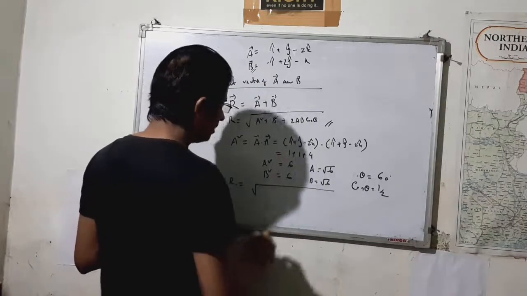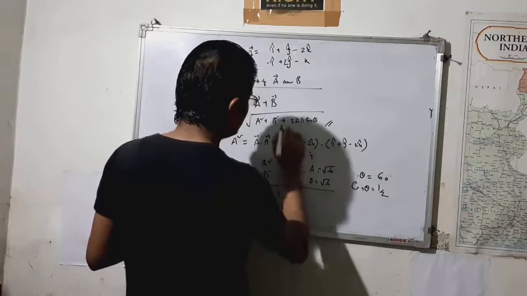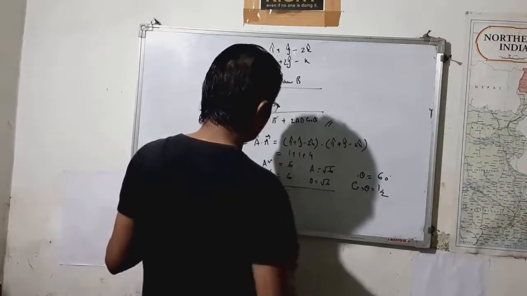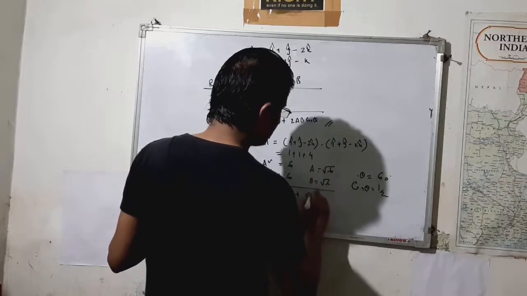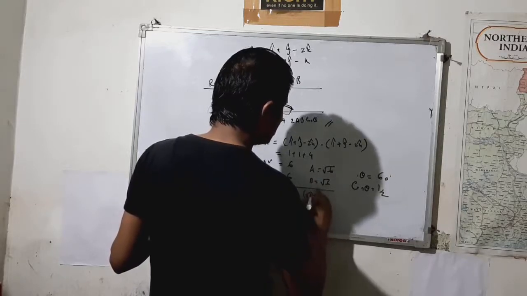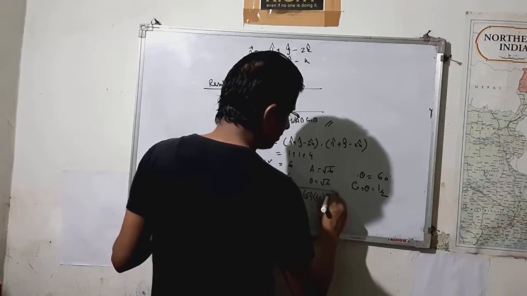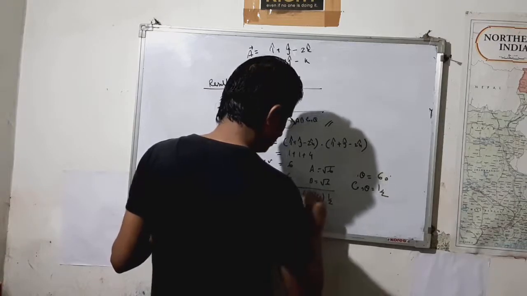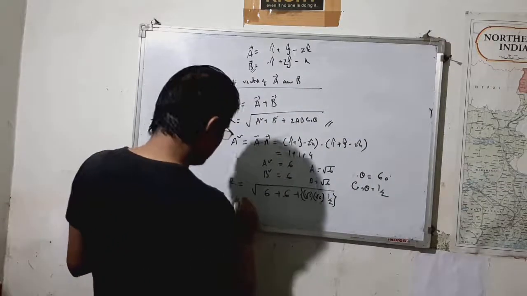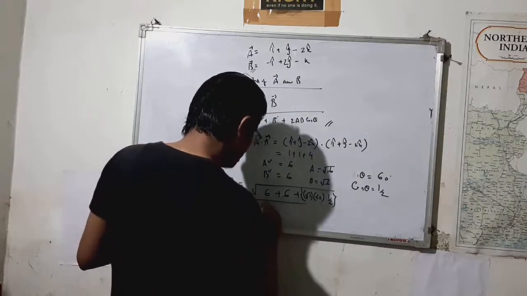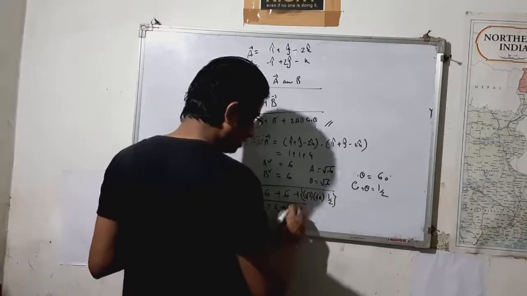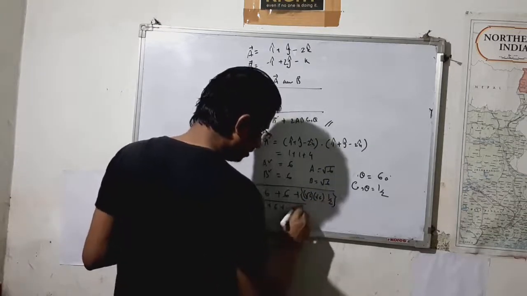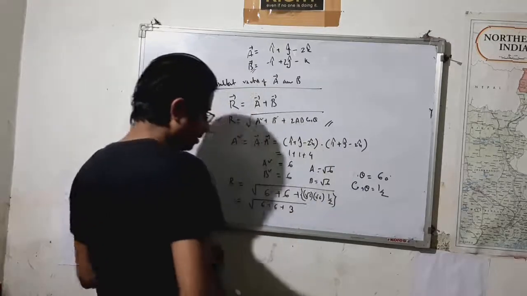Putting all these values in the equation for R, you will get the same answer. a square is 6, b square is 6, and ab cos theta is root 6 into root 6, that is 6, times half, that is 3.